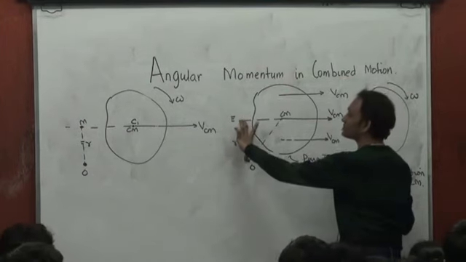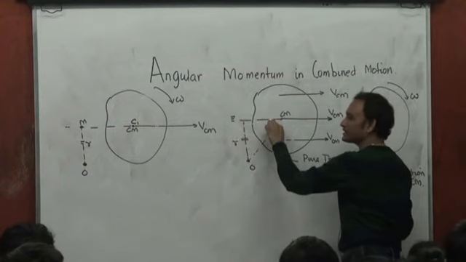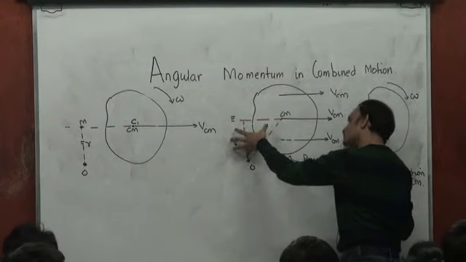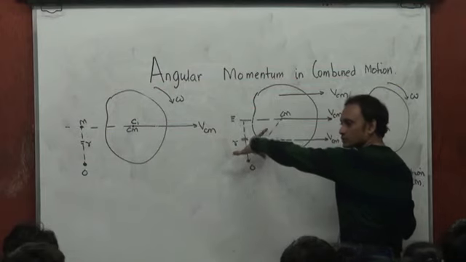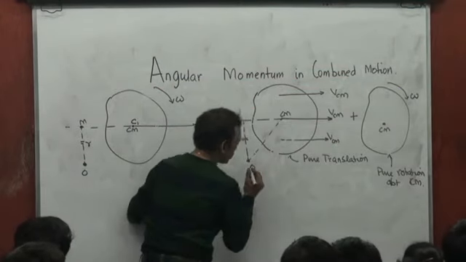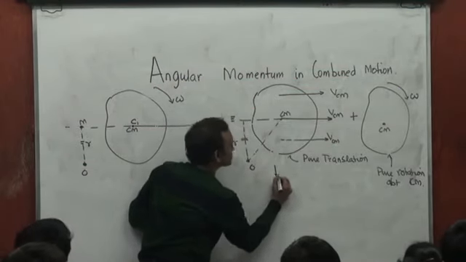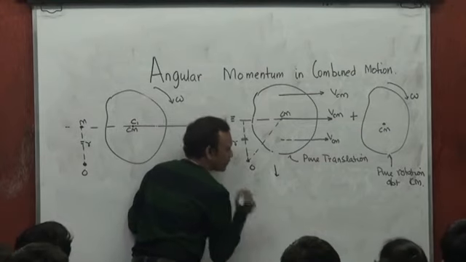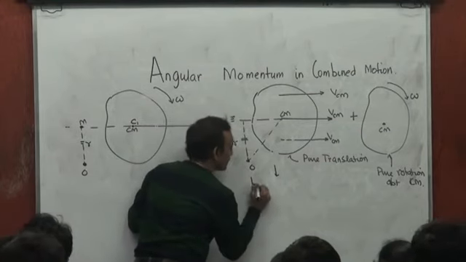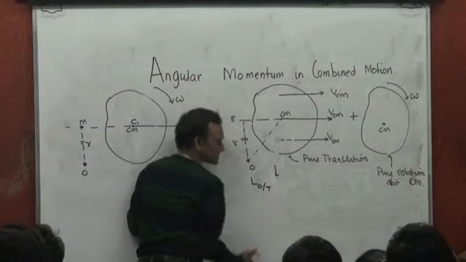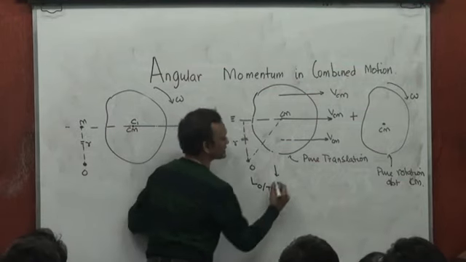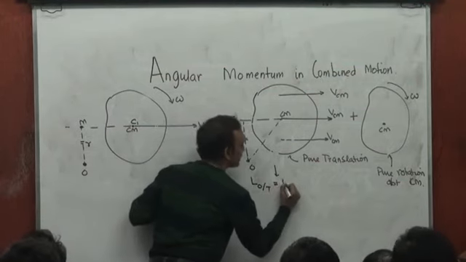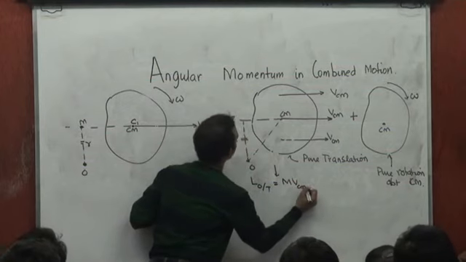Clockwise. Why? Because imagine this to be a rod. Imagine a force to be acting in this direction. The rod would rotate, right. So the L about O because of pure translation is going to be M VCM into R.